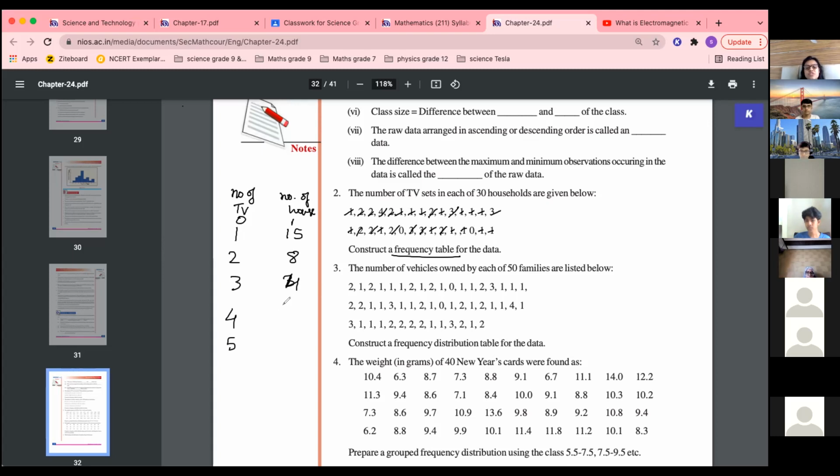Only 1 has 4. Okay, let us add and see if 30 comes. 4, 4, 8, 8, 16, 17, 18, 19, 20, 21, 22, 32. Why is 32 coming? Is something repeated? Ma'am, there are only four TVs owned by only one household. Oh, okay, sorry, I wrote 4.